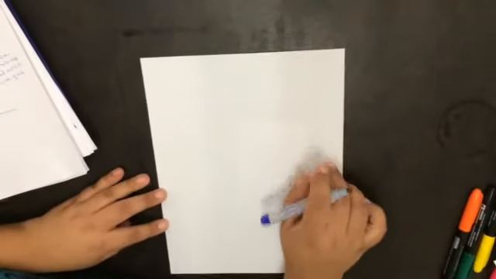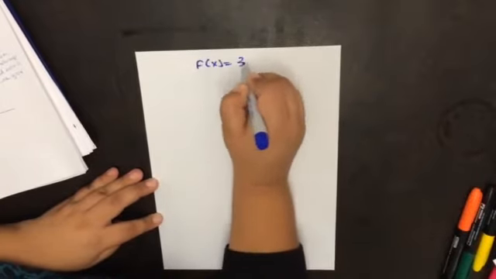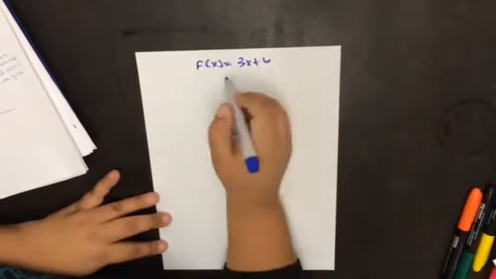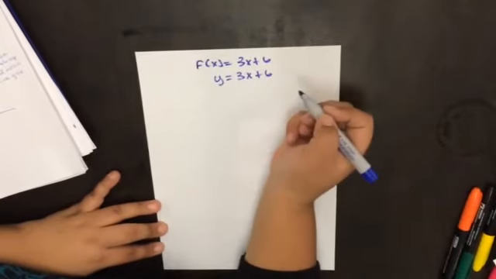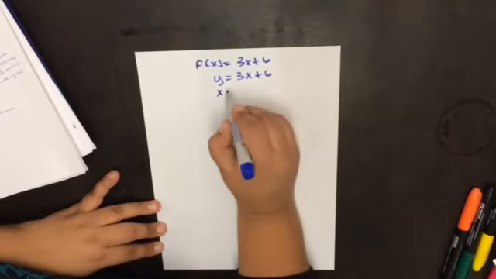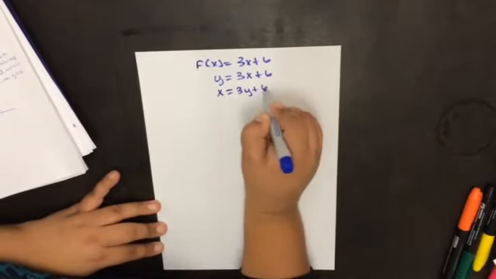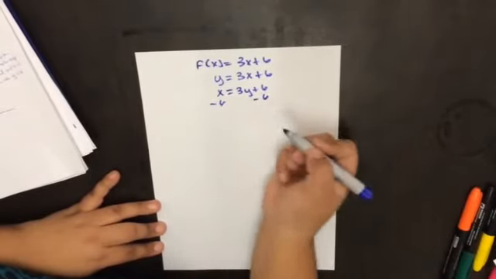Now let's do another example, and this time we will graph. So what do we have? f of x equals 3x plus 6. So we want to rewrite it as y equals 3x plus 6. Now we want to switch our x and y. So then we're going to say that x equals 3y plus 6. If we solve for y, we want to subtract 6 from both sides.